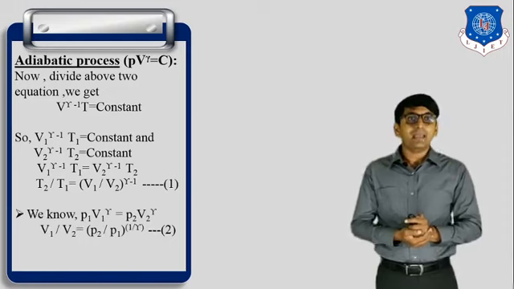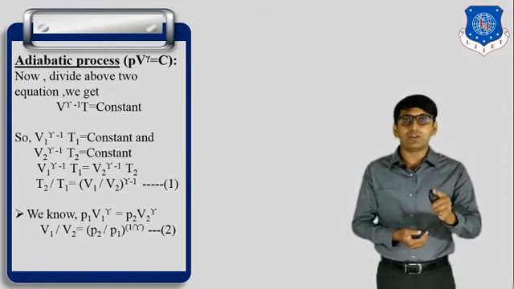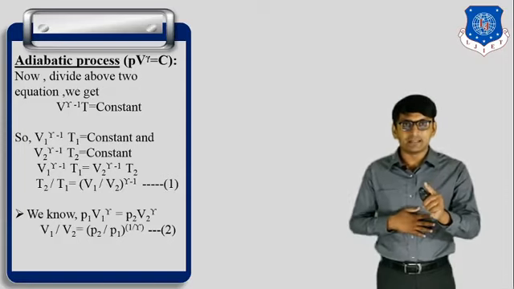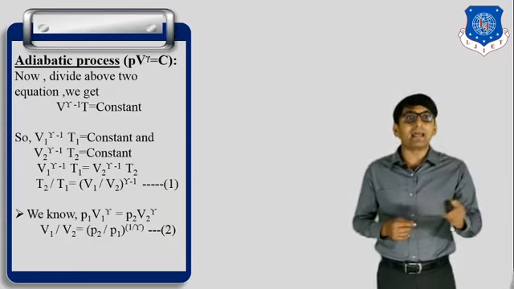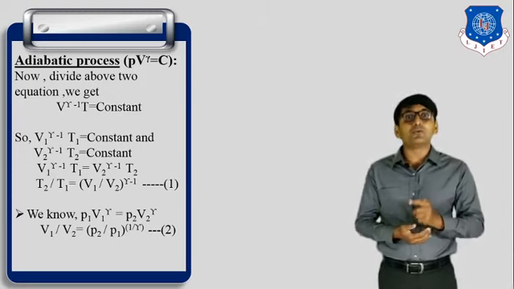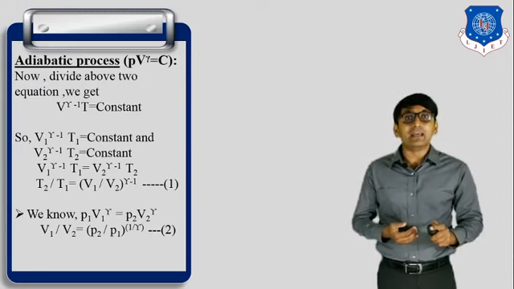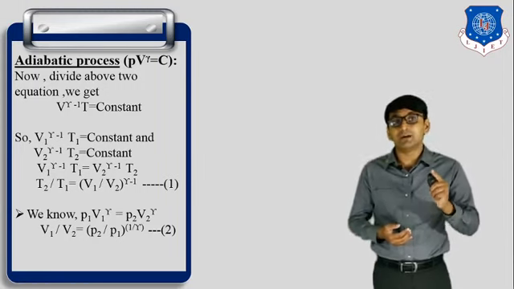Now we have P1 V1 raised to gamma is equal to P2 V2 raised to gamma. We know this equation; this is for adiabatic. If we cross multiply, we get V1 by V2 is equal to P2 by P1 raised to 1 divided by gamma. That is equation number 2.